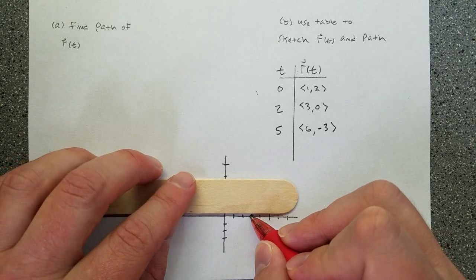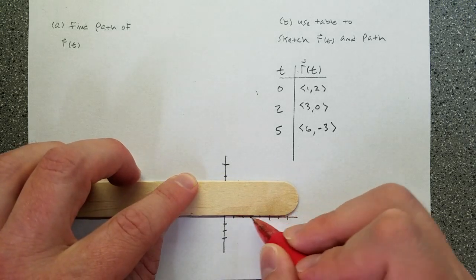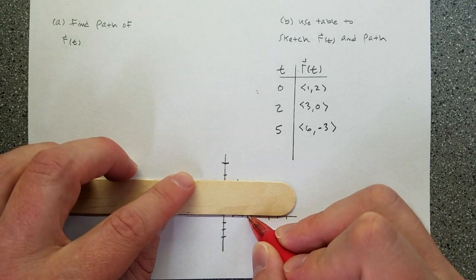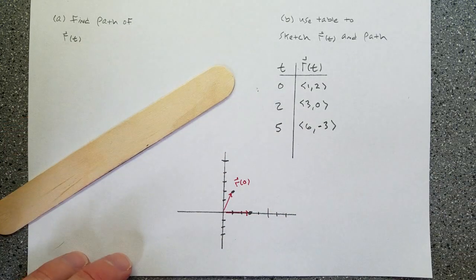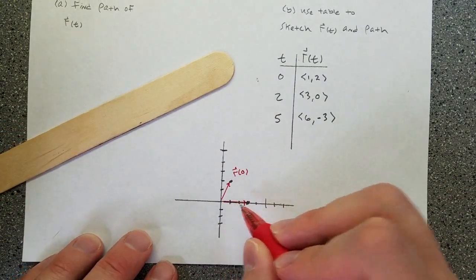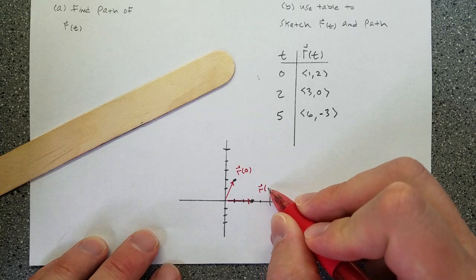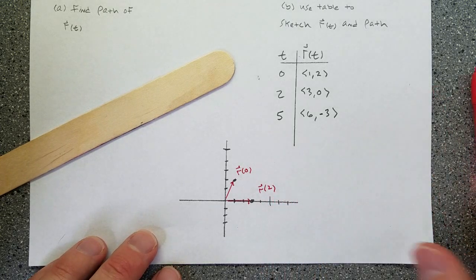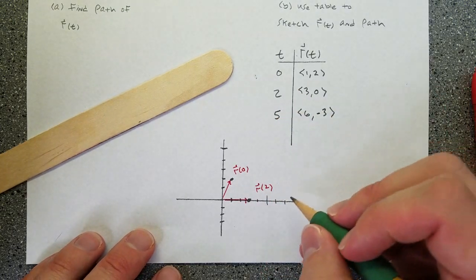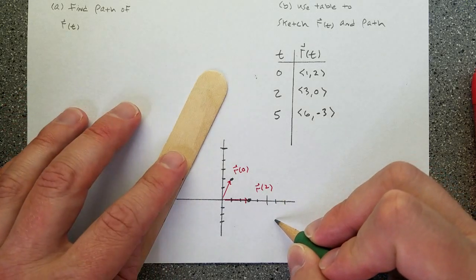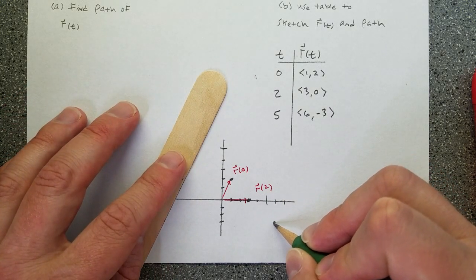But there's a vector, right? And I don't want you to take the vector for granted. So I'm going to draw that so that you don't take it for granted. That vector there in red, that would be r of 2. And one more, r of 5, 6 and -3. So if you went right 6 and you went down 3, you'd be about right there.